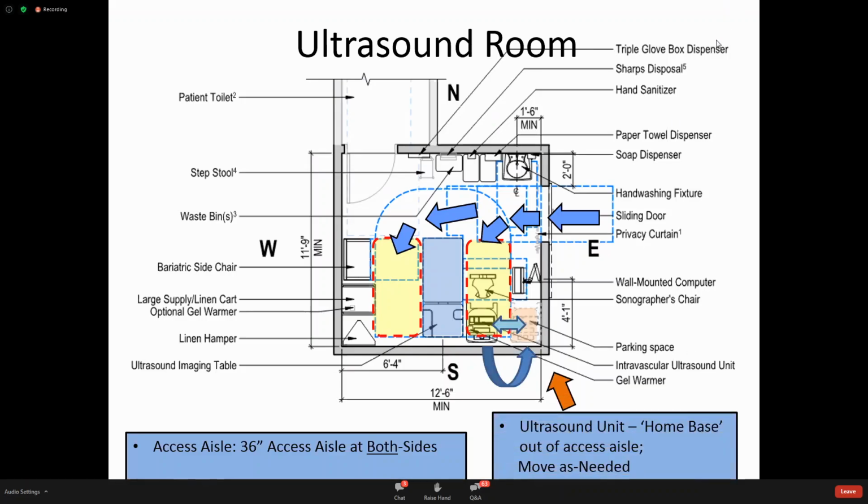So what we're doing is providing a home base for the ultrasound unit so that if we have a patient who has a certain left hand or right hand bias, if they need to use this side of the table to get on and off of the exam table or the ultrasound table, then we can roll away the ultrasound unit to the side. So we want to have a home base for that. And this is what we're telling our architects. Be sure to design in a spot where that could go if we need to. So that's the essence that's unique in that room.